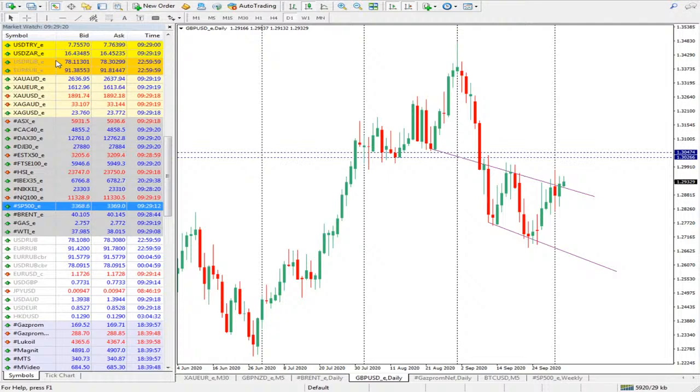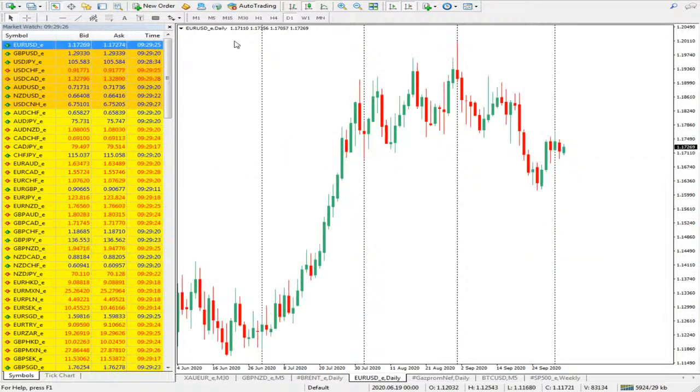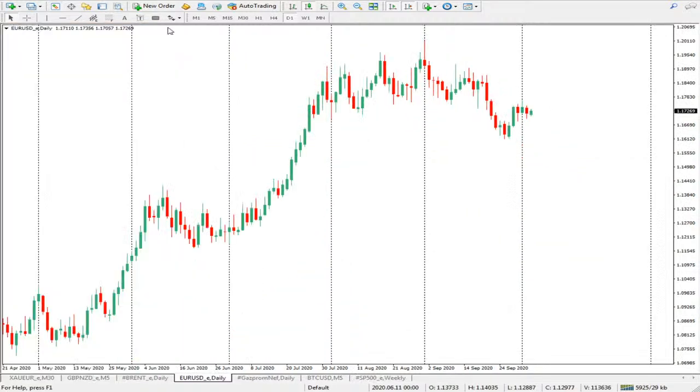The next chart I want us to look at is Euro USD. So far, we do have a possibility that the price may go downwards. I'm saying this because we do have a trend line here, and then you also have another line from the top.